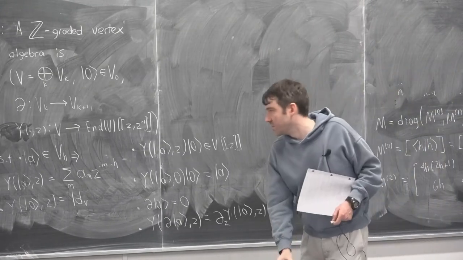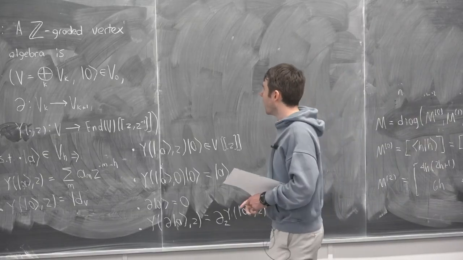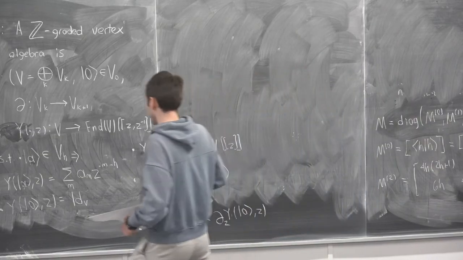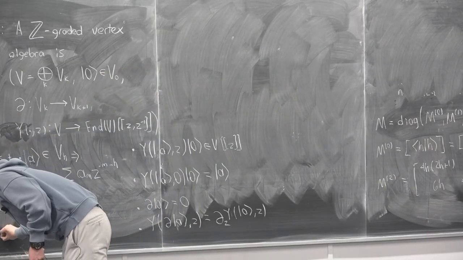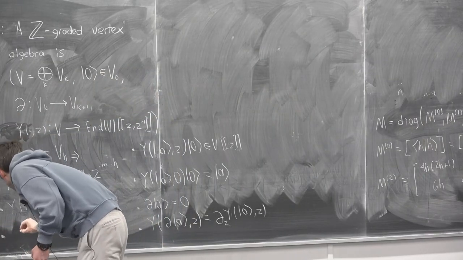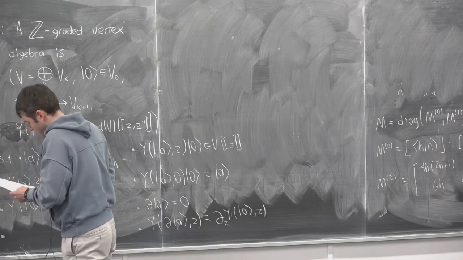These are operators. These are endomorphisms of V. Oh, you're right. Okay, there's one more axiom. I keep thinking I'm done, and I'm never done. So this one.